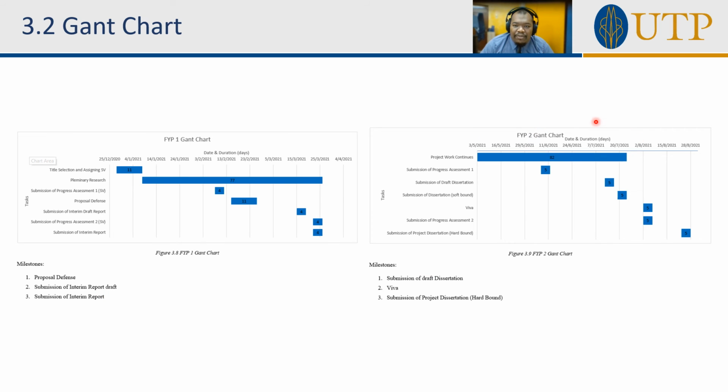For FYP2, which is this current semester, we have the major milestones being the submission of the draft dissertation, the Viva virtual presentation, and the submission of the project dissertation in hardbound format.